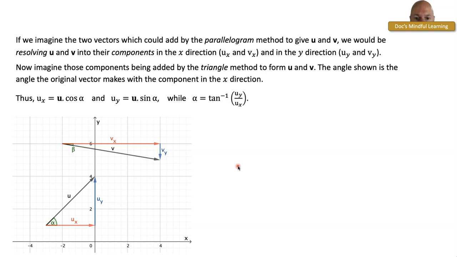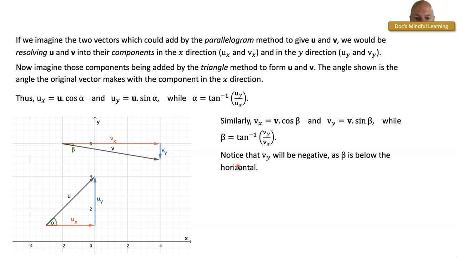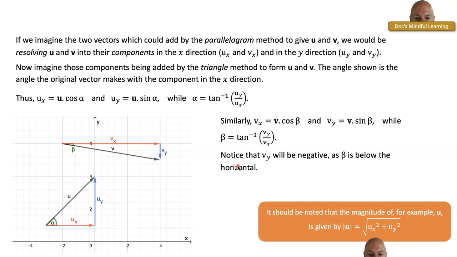And the angles, again, are given by trig. So alpha is tan to the minus 1 of uy on ux, and beta is tan to the minus 1 of vy on vx. If we look at the diagram, we can see that vy will be negative because beta is below the horizontal. And always the magnitude could be reconstructed by using Pythagoras, that the magnitude of u is the square root of the magnitude of ux squared plus the magnitude of uy squared.